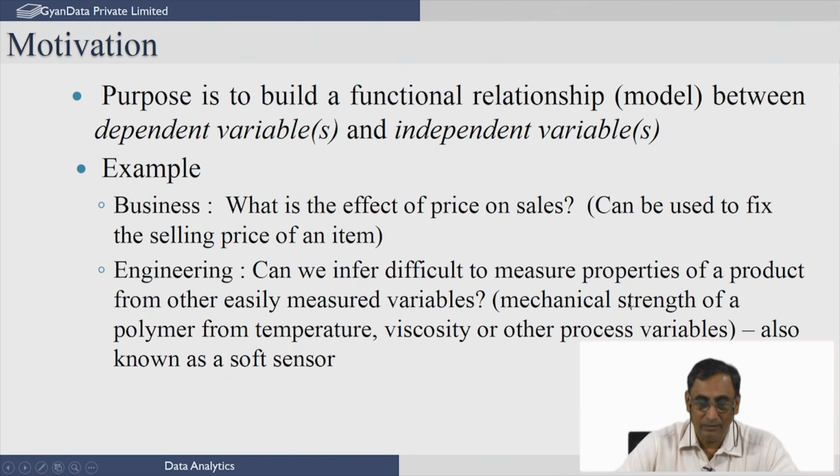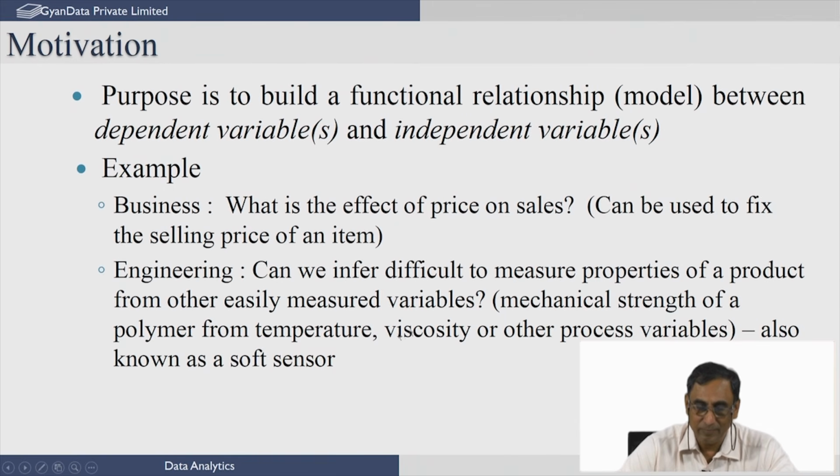This is very difficult to measure online continuously. On the other hand, process conditions such as temperature and viscosity of the medium can be measured, and from this it is possible to infer, provided we have a model that relates the mechanical strength to these variables, temperature, viscosity and so on.